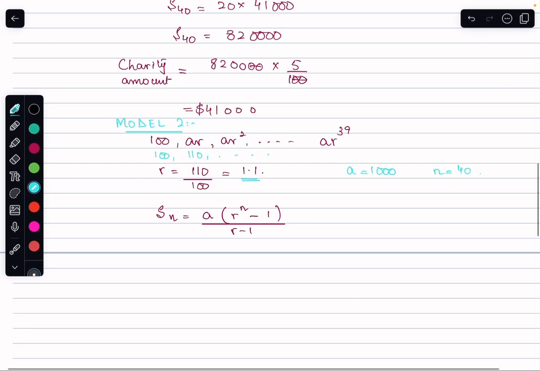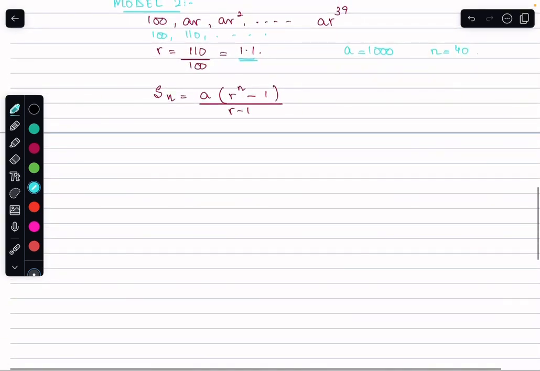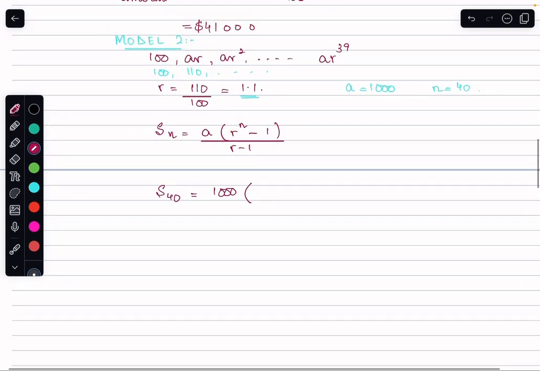So substituting all these values, the total amount on the 40th day shall be 1,000 times 1.1 to the power 40 minus 1 divided by 1.1 minus 1 here.